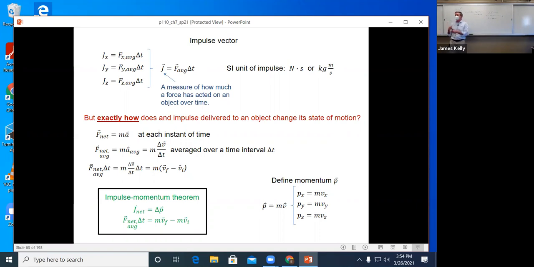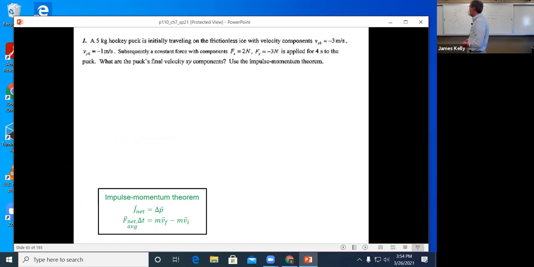We find the net impulse delivered, which is the area under the net force versus time curve, x and y and z components. And that tells us about the change in momentum of the system. And notice the change in the momentum of the system is really telling us about the change in the velocity of the system. So that's what's telling us about the change in state of motion of the system, how much it's going to change. Okay, and again, that's just a different way of stating F net equals ma.